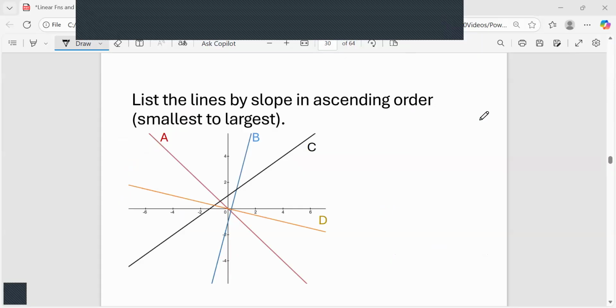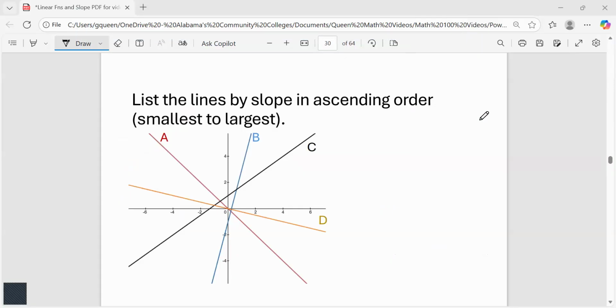Look at the image carefully. There's an XY axis. We're in the XY plane, and there are 4 different lines. There's a black line, which we're calling line number C. There's a blue line, line number B. There's a red line, line A, and there's a gold line, line D. So we have A, B, C, D. Okay, 4 different lines here.